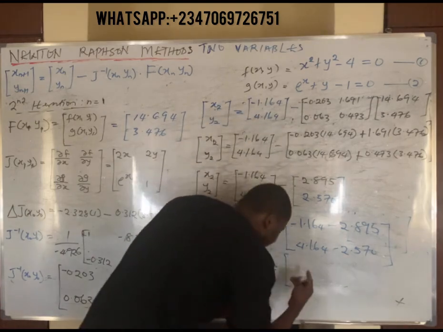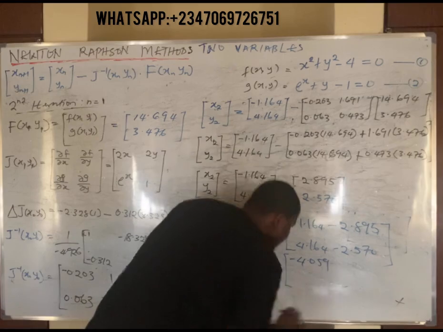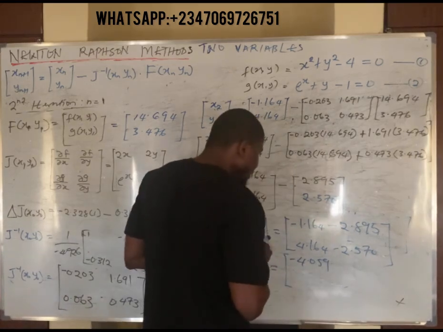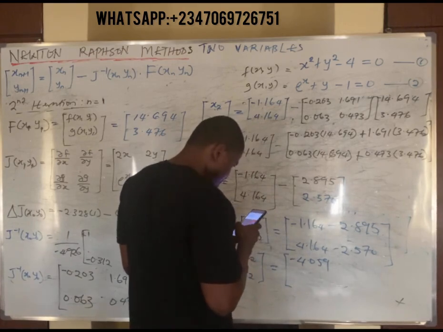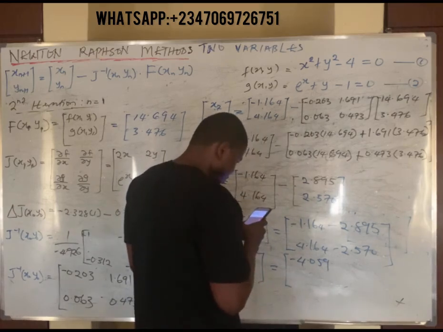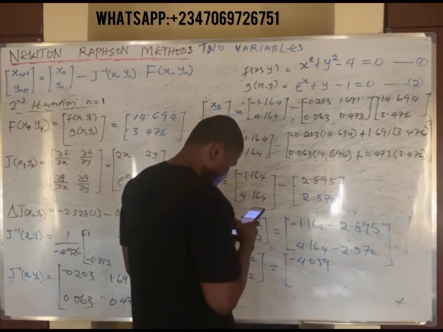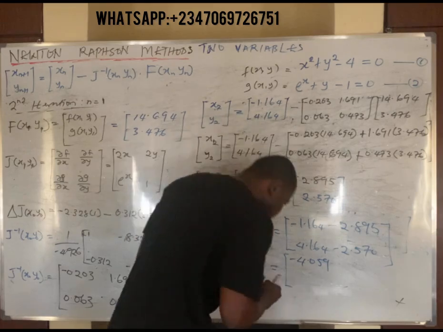So we have negative 4.059. Next, we evaluate 4.164 minus 2.570. That gives us 1.594.